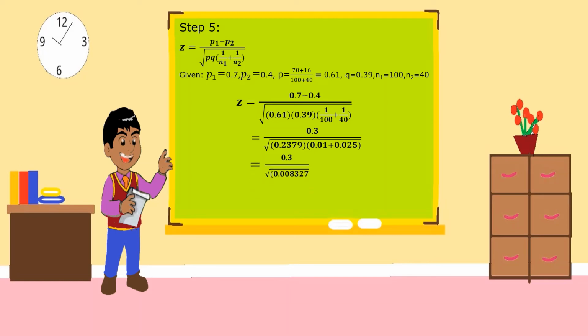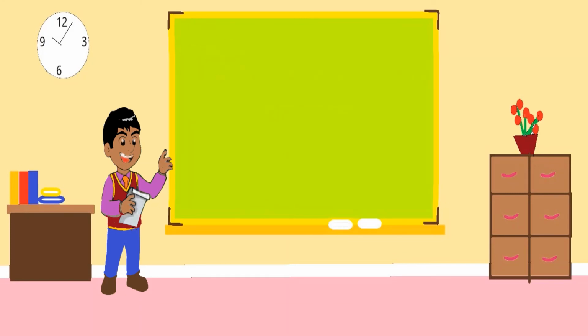And then we come up with 0.3 over the square root of 0.008327. And then it becomes 0.3 divided by 0.09125, so Z equals 3.29.